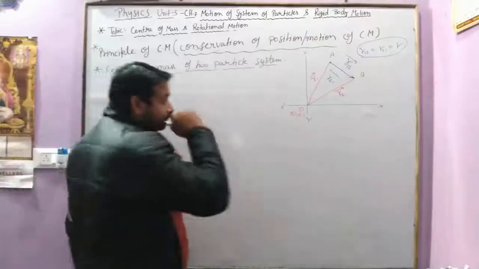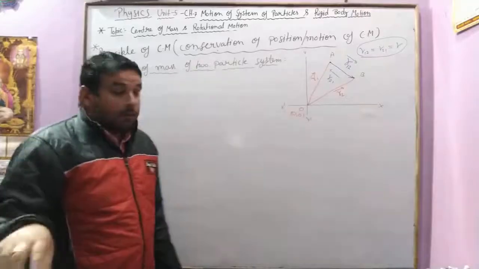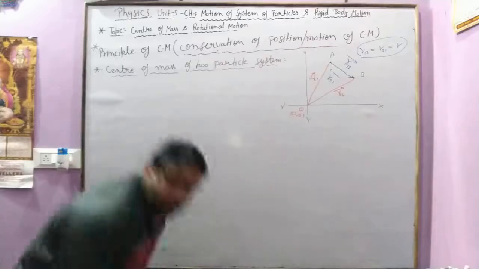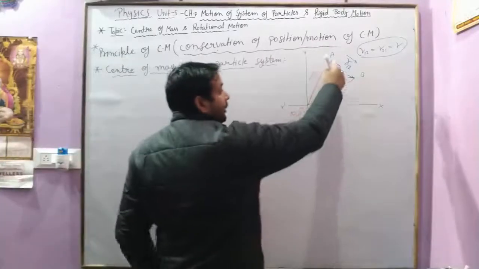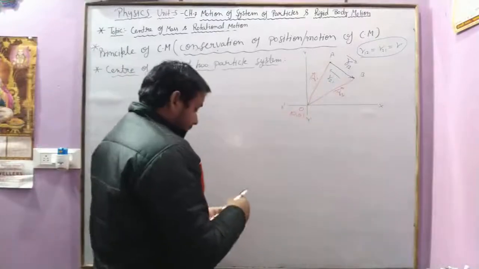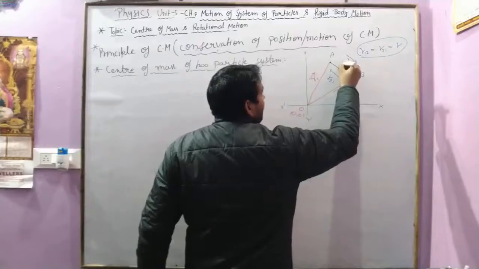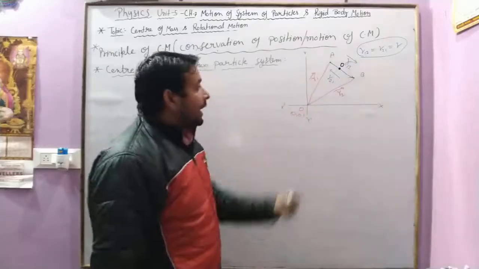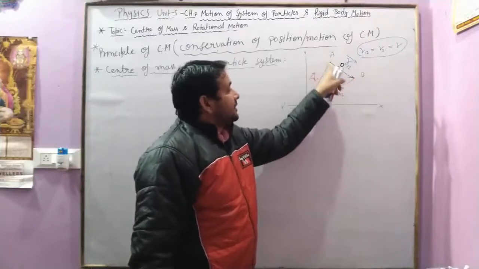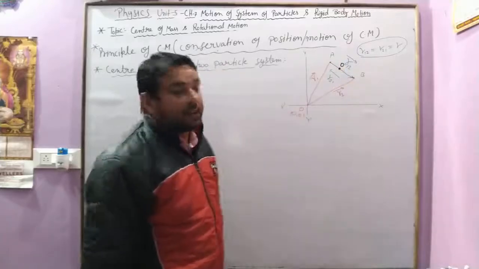Now let there be a point in between the line segment A to B, called O, where the total mass of the system of two particles A and B is concentrated.